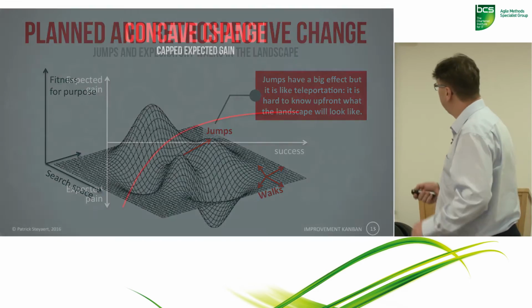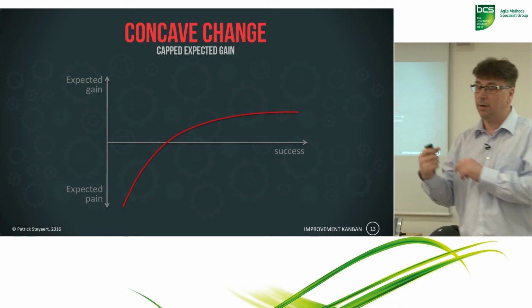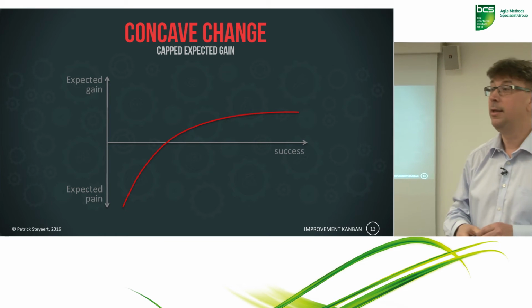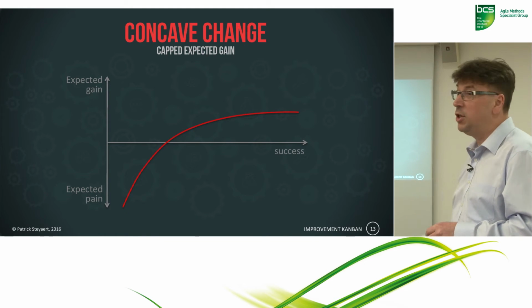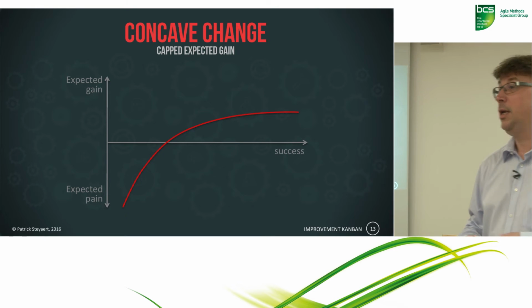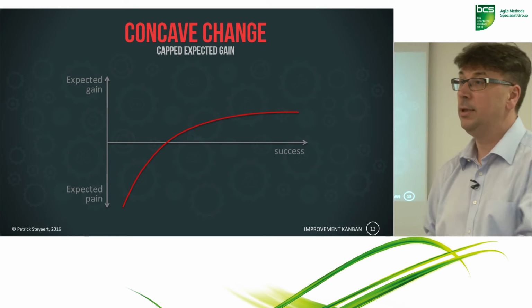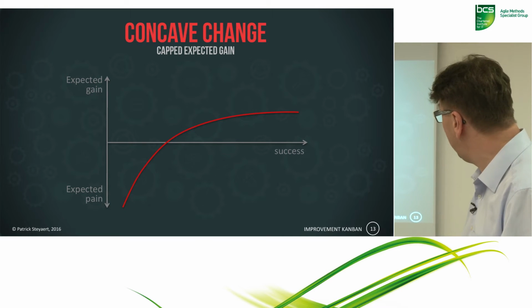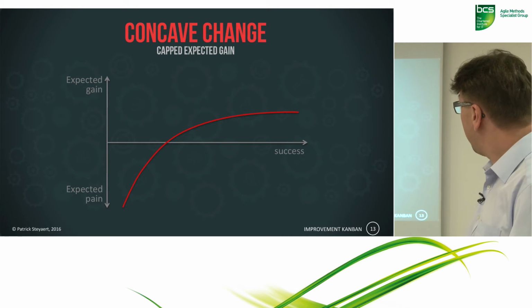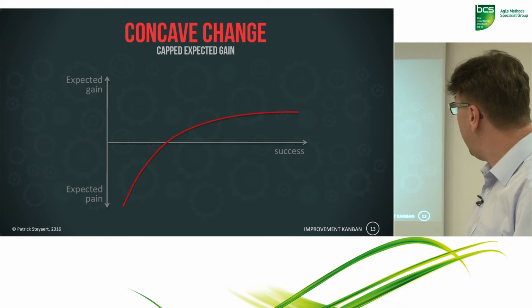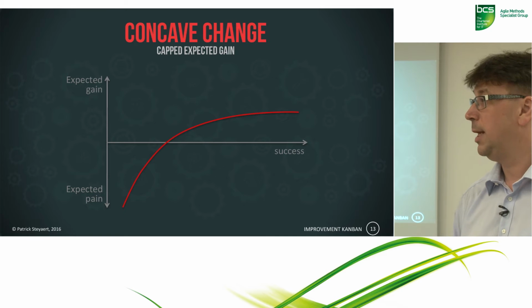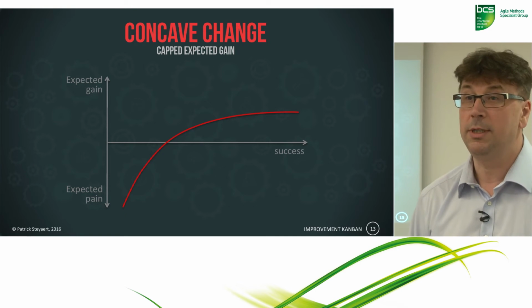So both are examples of concave change. Even if the change is successful in terms of implementation, in terms of adoption, the expected gain is capped to a certain maximum, because there's no learning process in it.